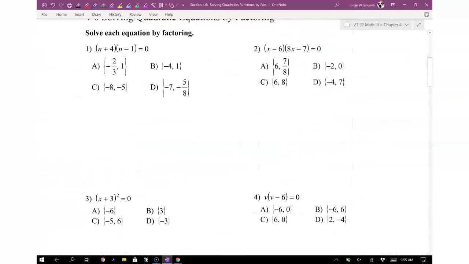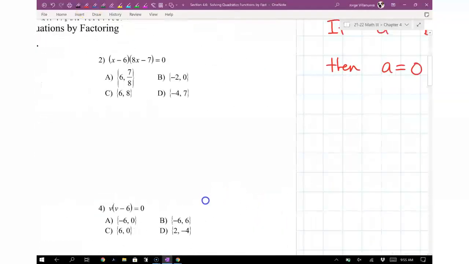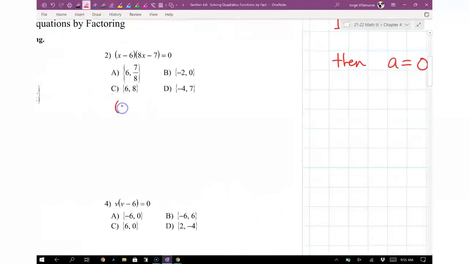Let's look at question number 2. Question 2 says x minus 6 times 8x minus 7 equals 0. Now you see how there's two things that are being multiplied? There's one parenthesis and another parenthesis, and they equal 0.